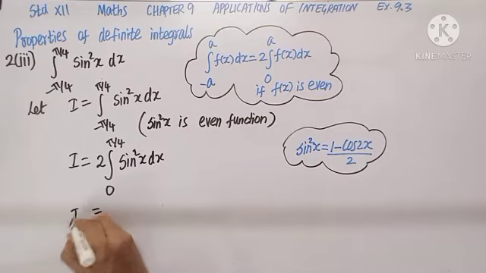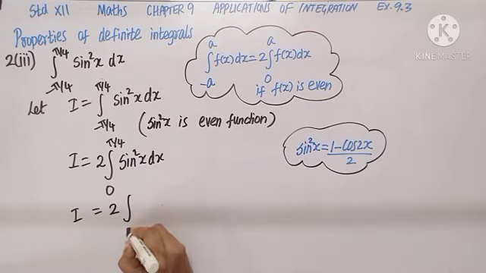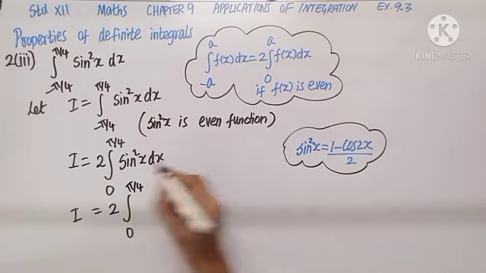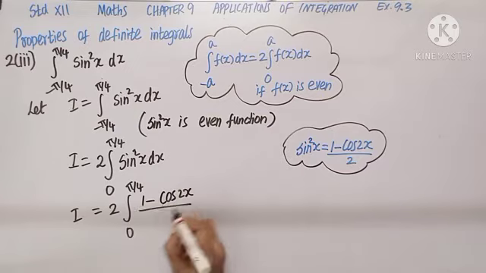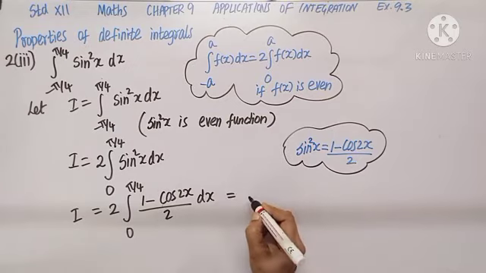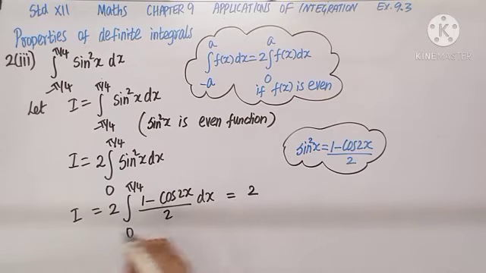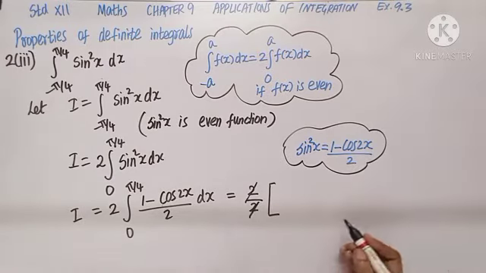We know from trigonometry, sine square x can be rewritten as 1 minus cos 2x by 2 dx. 2, bring the 2 out. 2 and 2 will get cancelled.